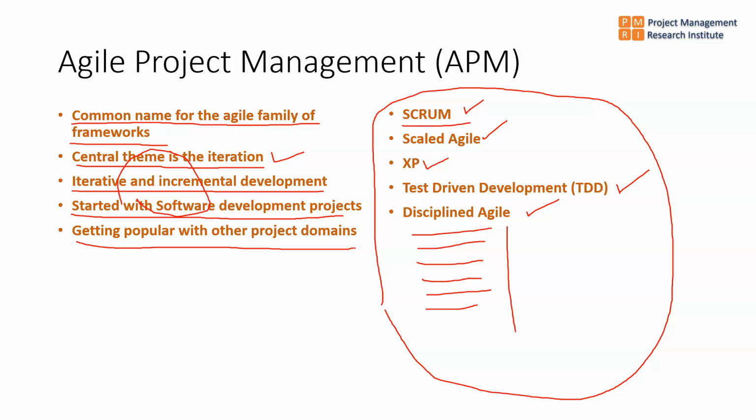Everything started with software development. Agile was designed for software development projects almost 20-25 years back, and then it matured there. Now it is finding its way into other domains of project management as well.